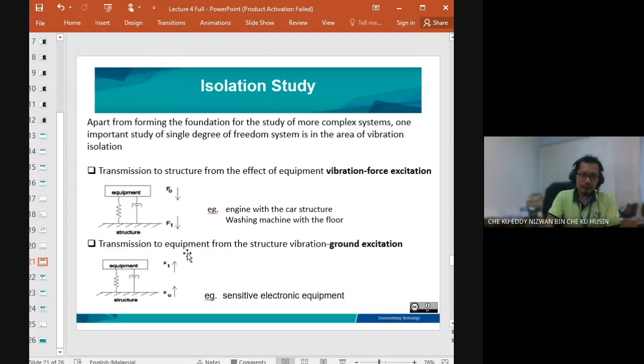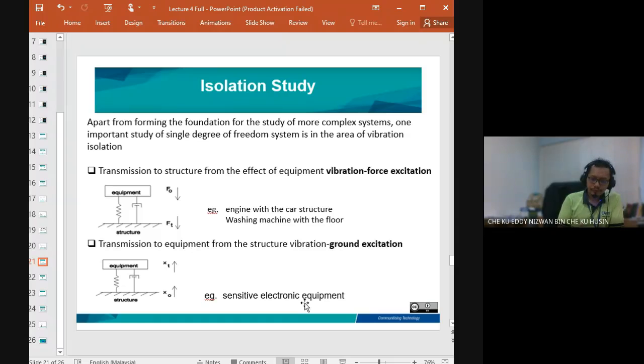And then the second part is transmission to the equipment, from the ground excitation. So the structure has a motion and then transfers it to the equipment. For example, this one is the electronic components.